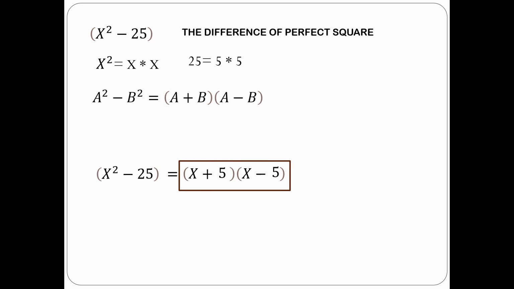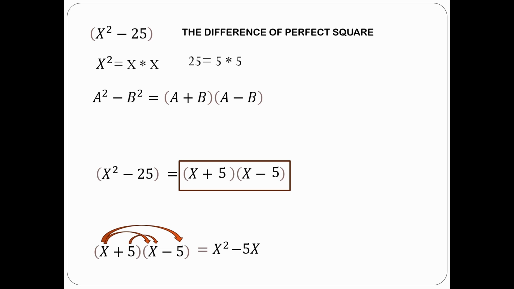You could also check if the answer is correct. So to confirm our answer, let's multiply x plus 5 times x minus 5. If we multiply x times x, that will give us x squared. Then x times negative 5 will give us negative 5x.